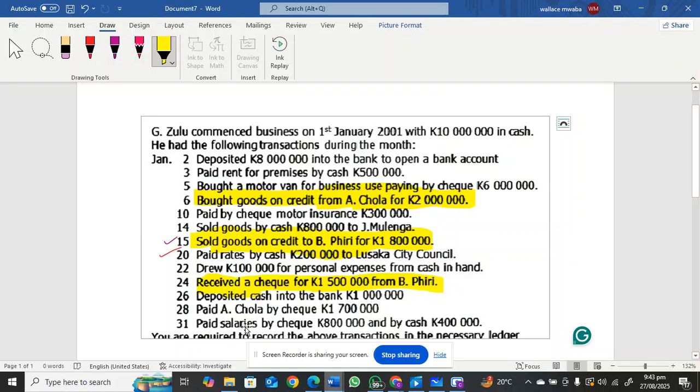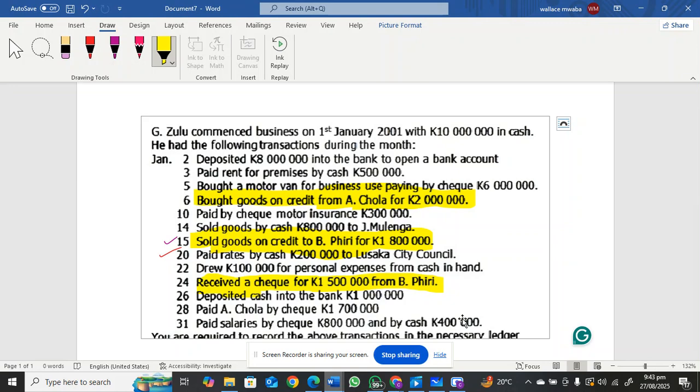Then we paid salaries by check 800,000 and by cash 400,000. Yes, colleagues? Correct? That's correct, madam.